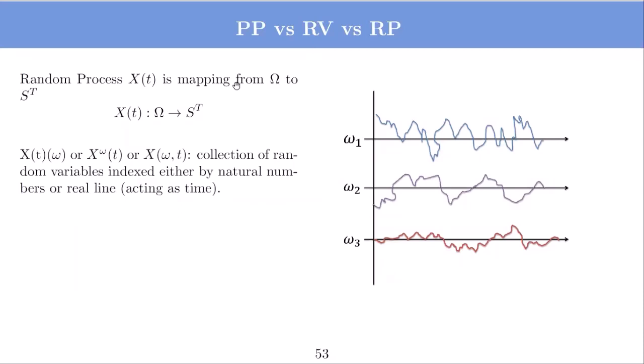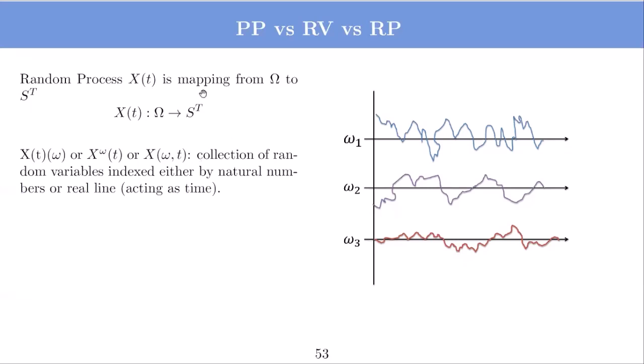This is extended to random processes, where instead of mapping omega to a real line, I'm mapping omega to some waveforms. So S(t) is a collection of waveforms, and each outcome is mapped to one waveform.